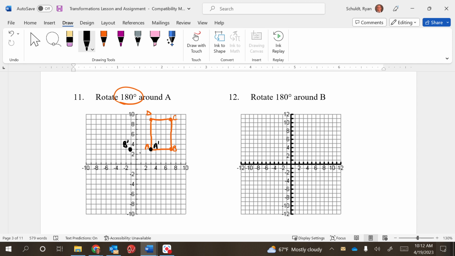That means C, let me go 6 down. 1, 2, 3, 4, 5, 6. That's going to have to be C prime. And then D prime is down here. Here's our new rectangle.